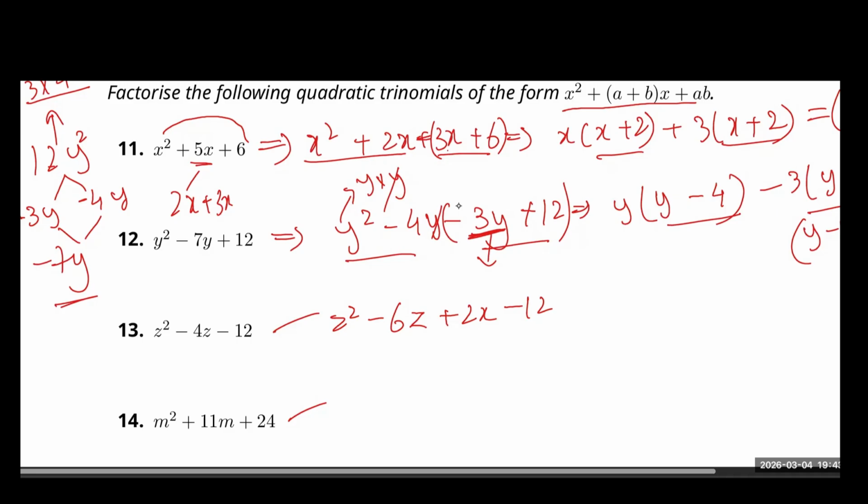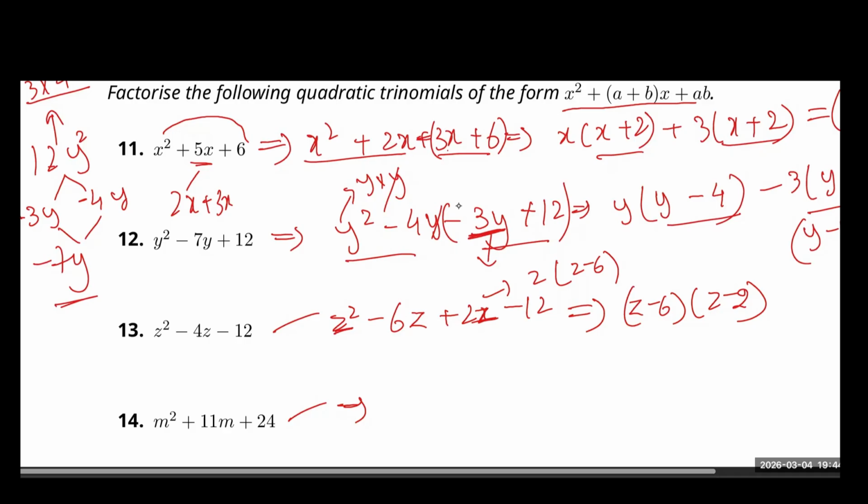Minus 6 into minus 2 is plus 12. So, what answer do you get? z minus 6. And from here you can take 2 common, right? z minus 2 and z minus 6, z minus 2.